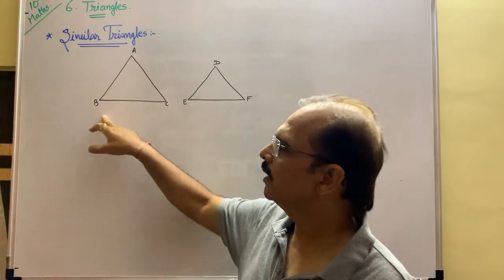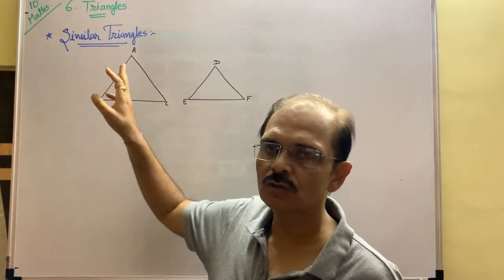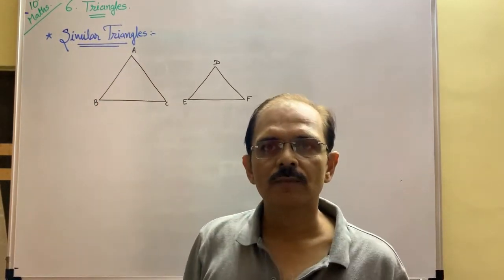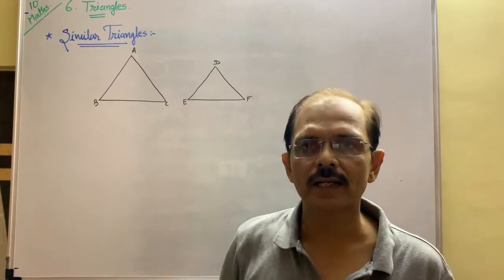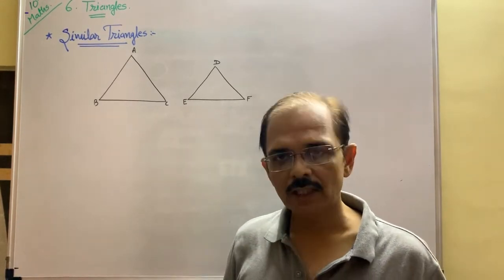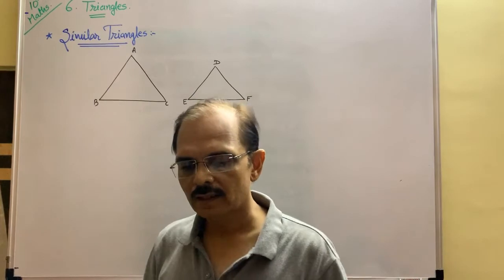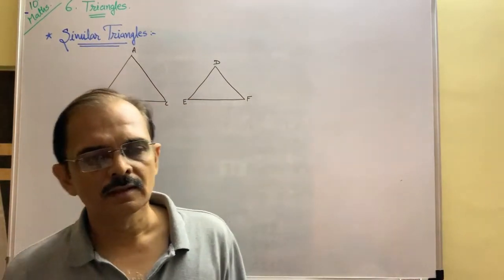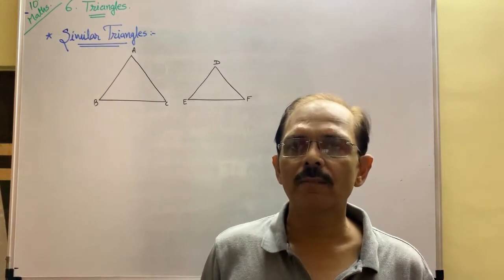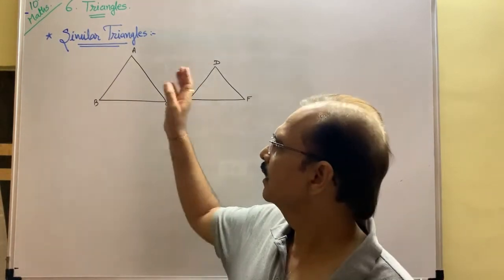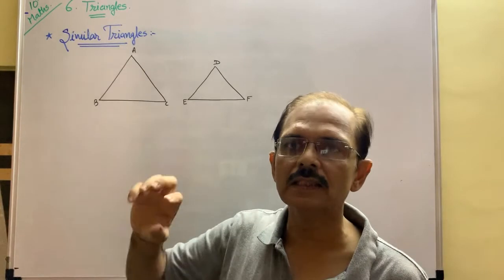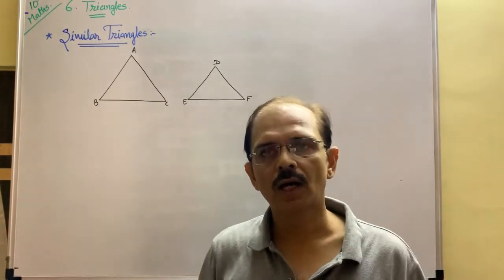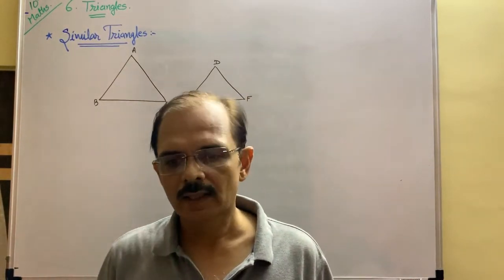You can say ABC, you can say CBA also, you can say BAC also, means you can start with any vertex, okay? But generally it is our common language that according to alphabet we always say the name of the triangle, that is DEF, ABC, PQR, XYZ etc.